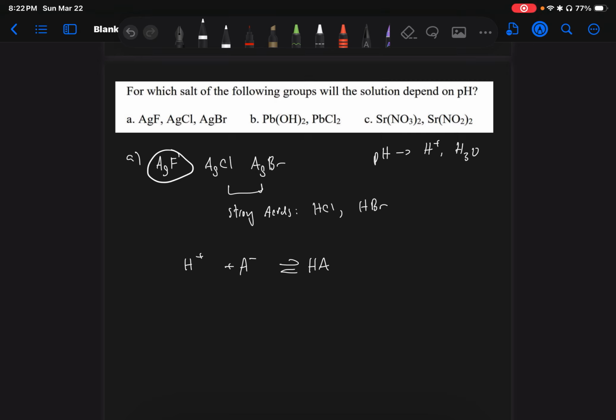AgF. Okay, let me just write out this reaction mechanism. So what does that do? So what it's saying is that the hydrogens will react with AgCl and AgBr.